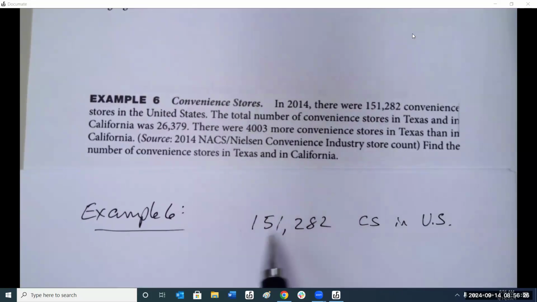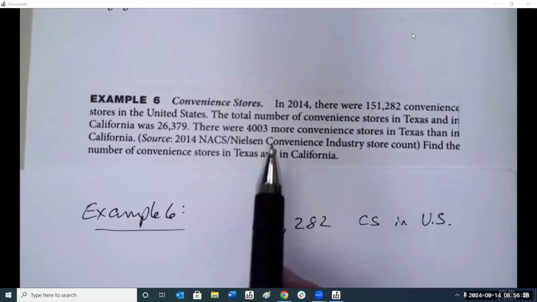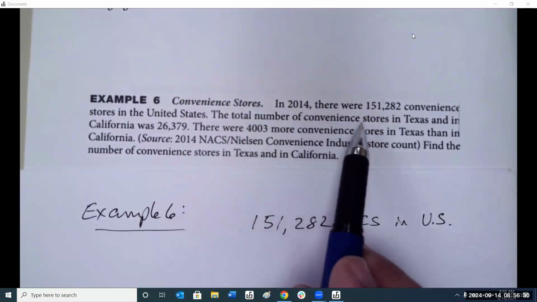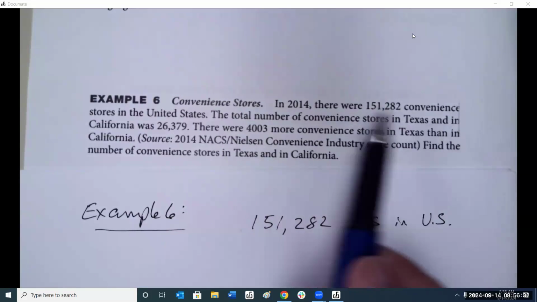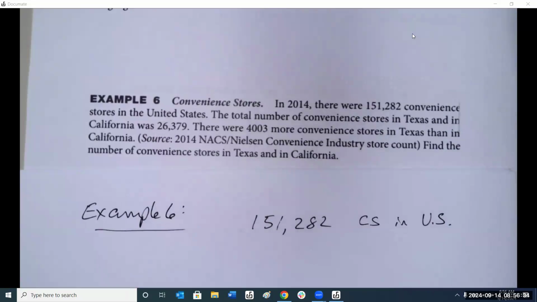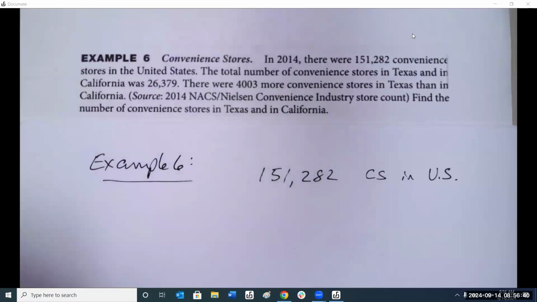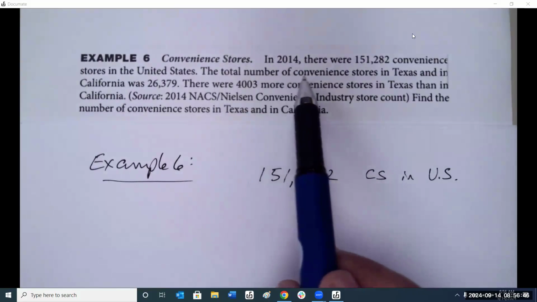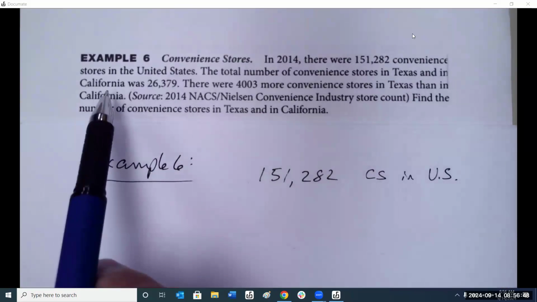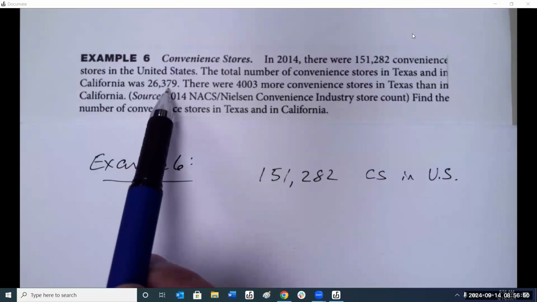So that's the first sentence. The total number of convenience stores in Texas and California was 26,379. So how do I write that down? The total number of convenience stores in Texas and in California was 26,379.